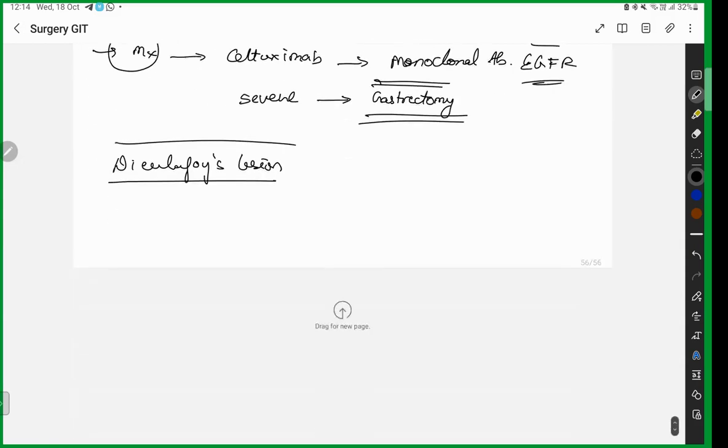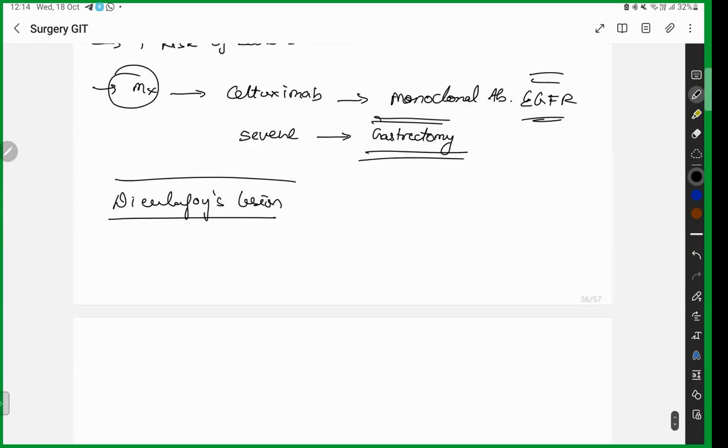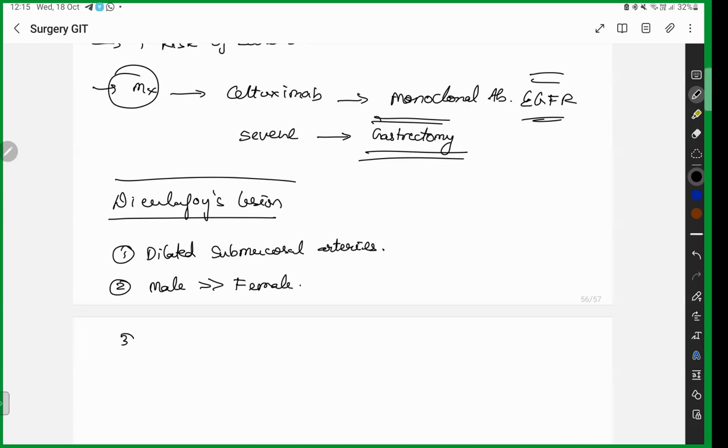It is a dilated submucosal artery, which is more common in males than in females. The lesions are similar to angiodysplasias in the colon. Very important.